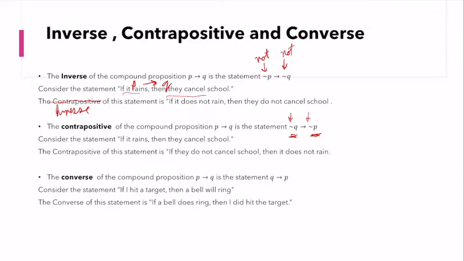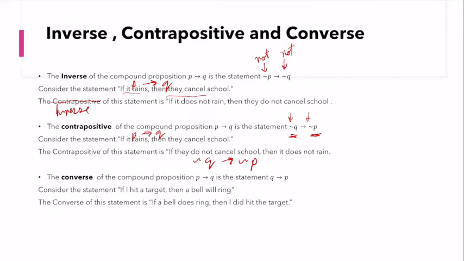So in order to find the contrapositive of if it rains, then they cancel school, I take the negative of that. So if they do not cancel school, then it does not rain. I'm assigning variables to the little sections of these statements. We call these compound statements.